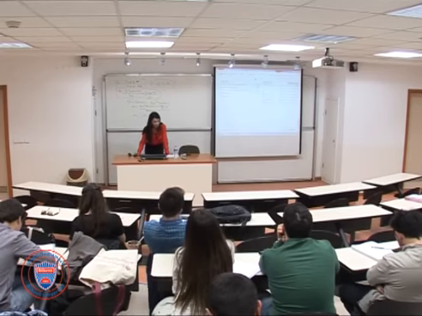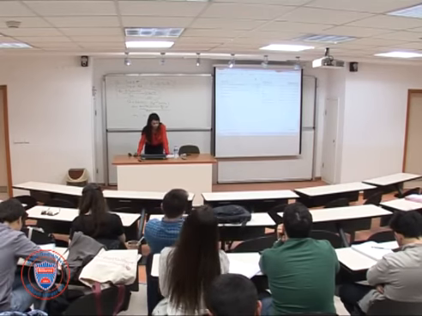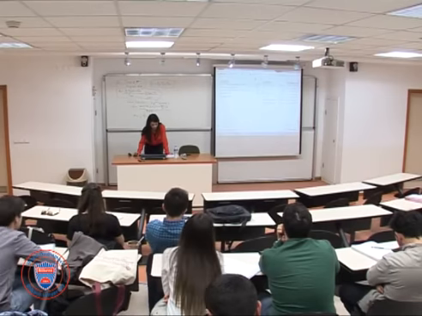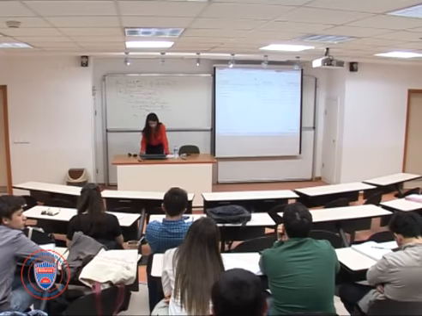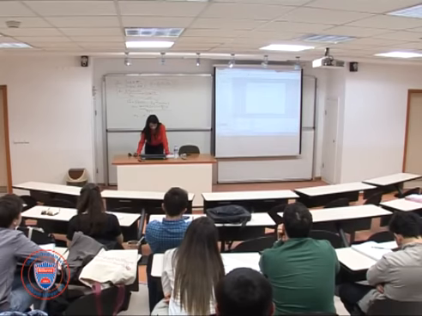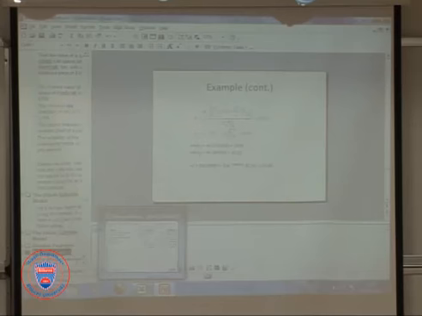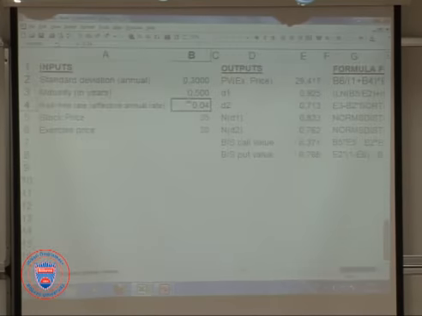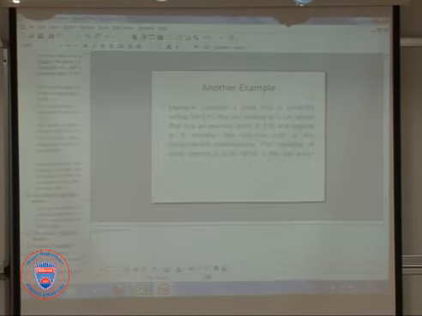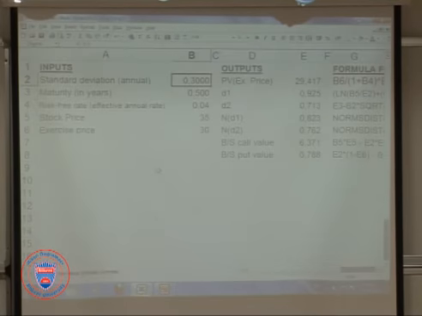We have standard deviation, which is volatility, maturity, risk-free rate, stock price, and exercise price. Let's find it. Stock price was 35. Exercise price was 30. What is the risk-free rate? Do you remember? 4%. Okay, maturity is 0.5, and standard deviation is 0.25.